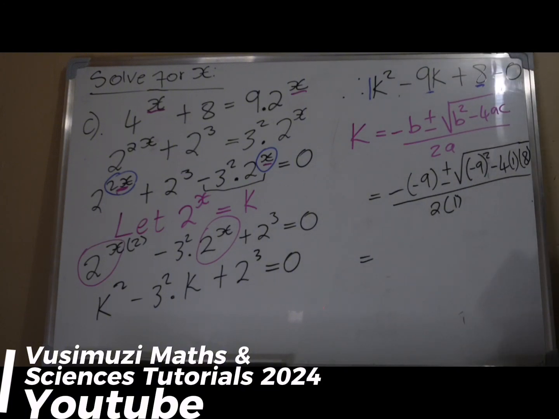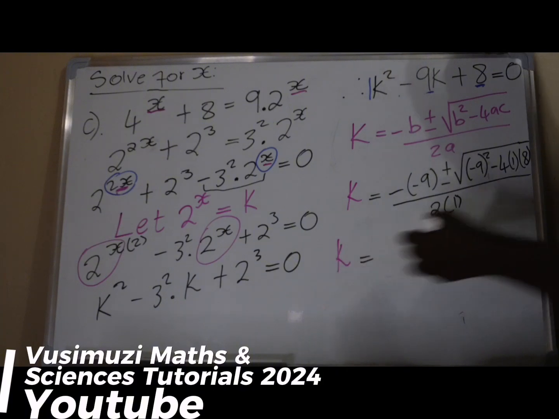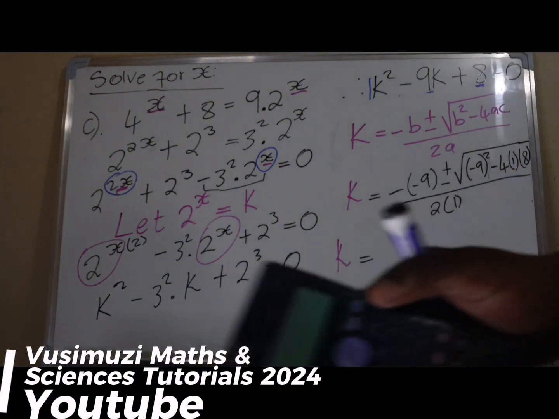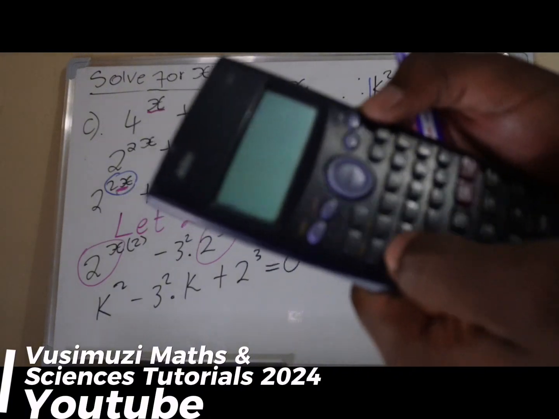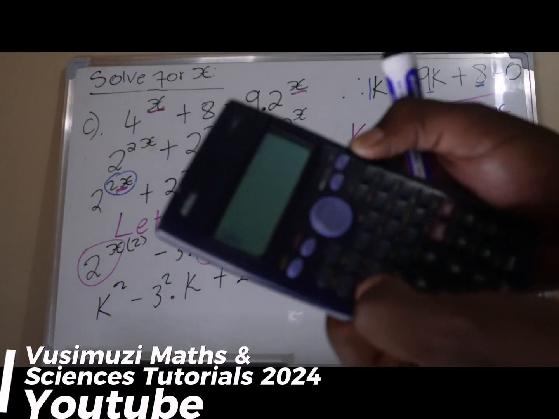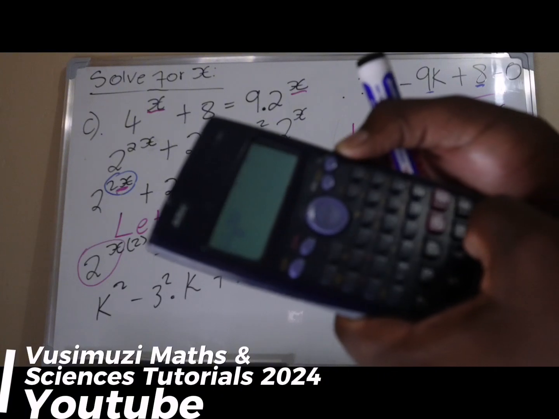When you put that on a calculator, your k is going to be equal to the first value I'm going to get. I do, guys. The first value: fraction, negative b, bracket negative 9 close bracket. You choose between plus or minus.